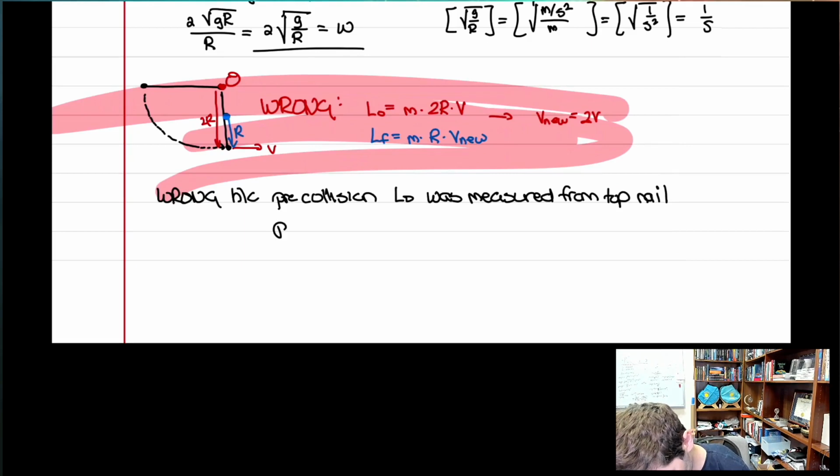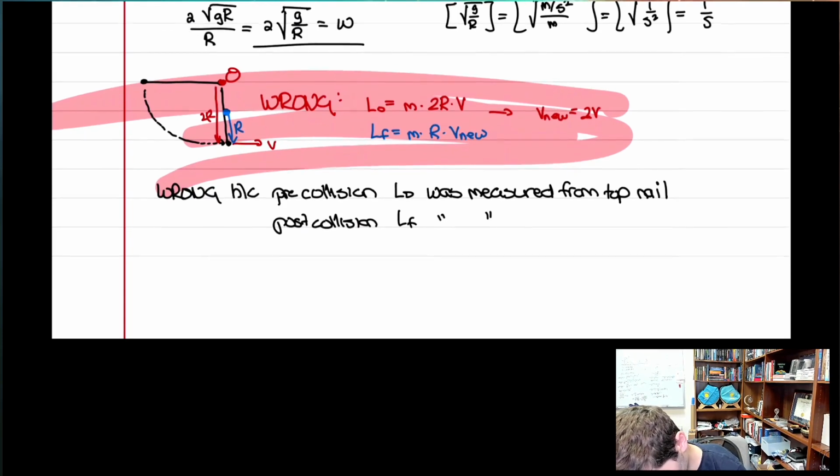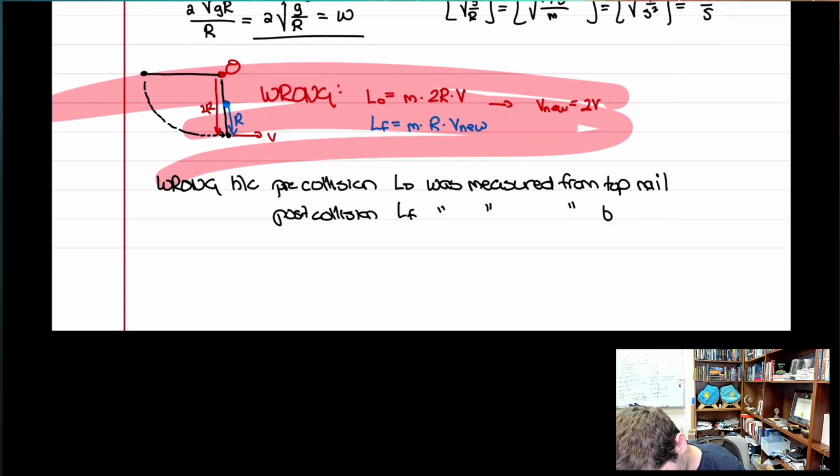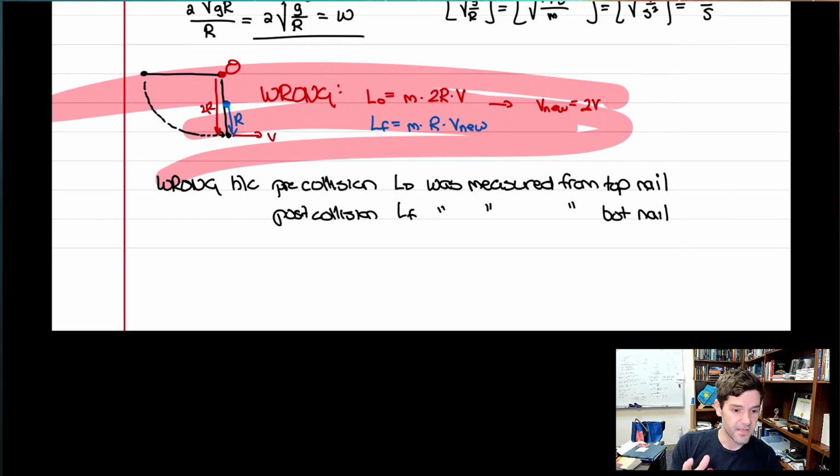And then post-collision, L final was measured from the bottom nail. That is inappropriate because remember, angular momentum is defined with reference to a particular origin. So if you want to say angular momentum is conserved, you're saying it's conserved given a particular origin that you're looking at pre and post collision. The fact that you're switching the location of the origin pre and post collision is inappropriate.